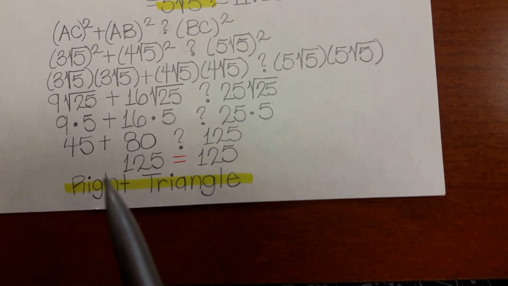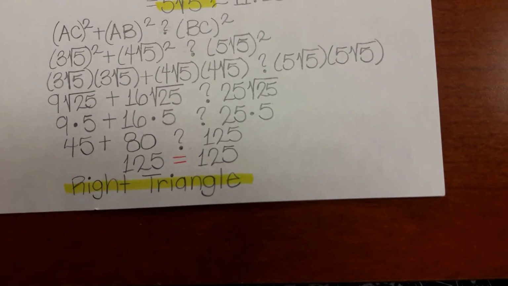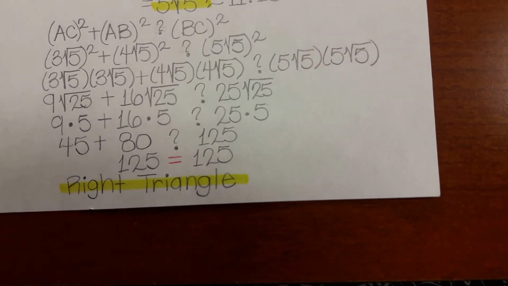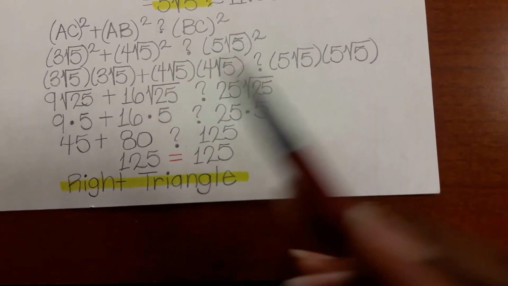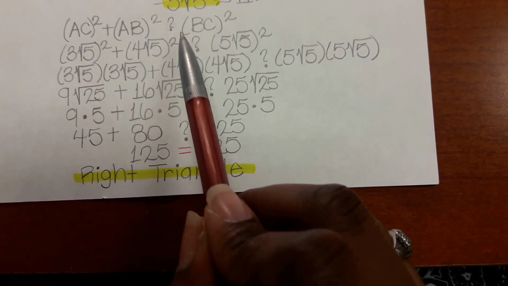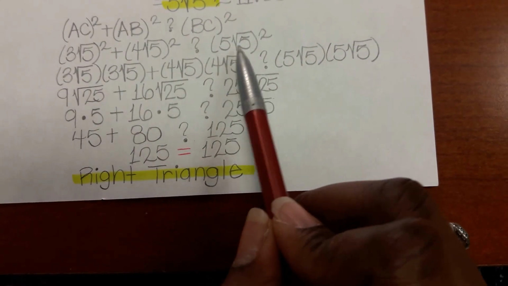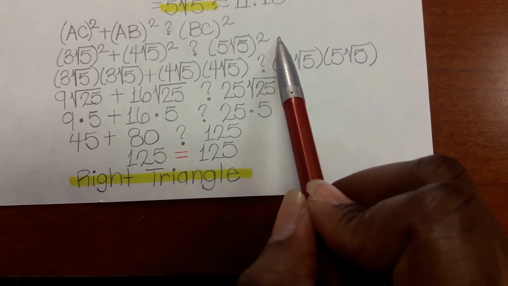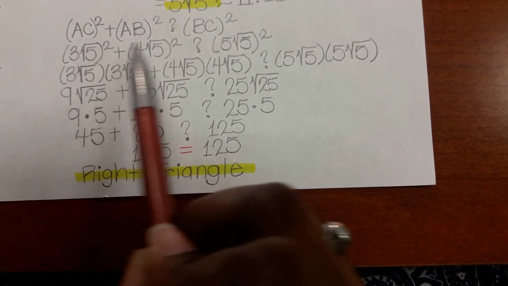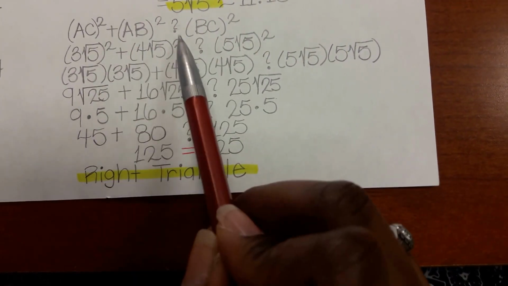The more numbers you cut off on a decimal, the less accurate it will be. So if I do the radical, I can get an exact answer. So I have 3 square root of 5 squared plus 4 square root of 5 squared, and then 5 square root of 5 squared. If you notice, I expanded my problem, because these are my bases and these are my exponents.